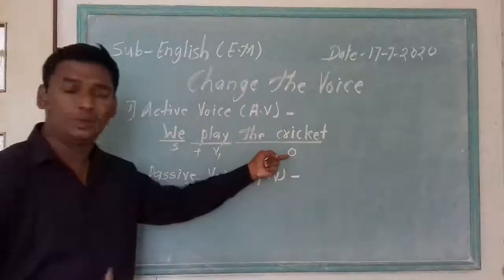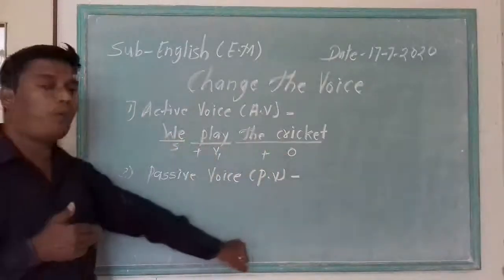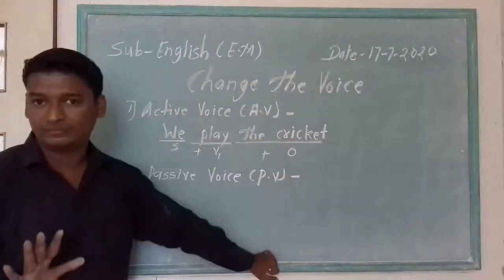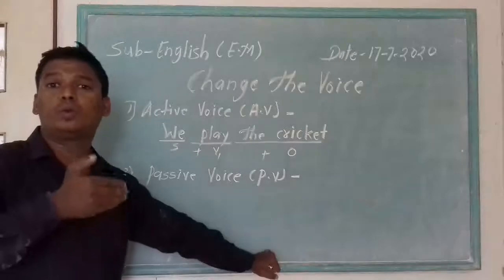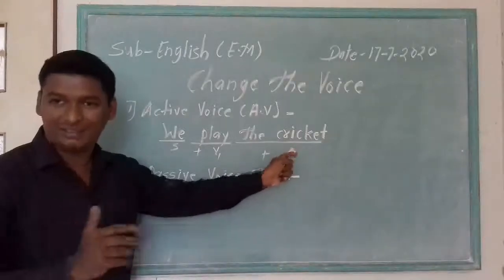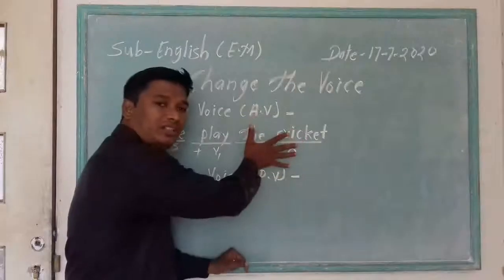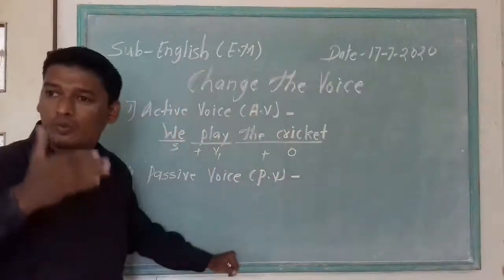Let's try that clue. Play is verb. We play the cricket. What do we play? I ask a question to verb: what do we play? I got this answer, the cricket. So it is object. Have you understood how to find out the object?